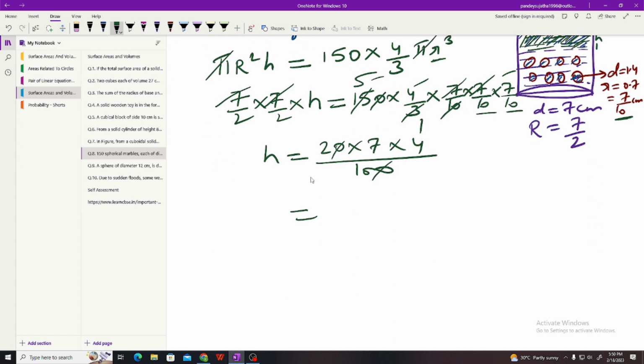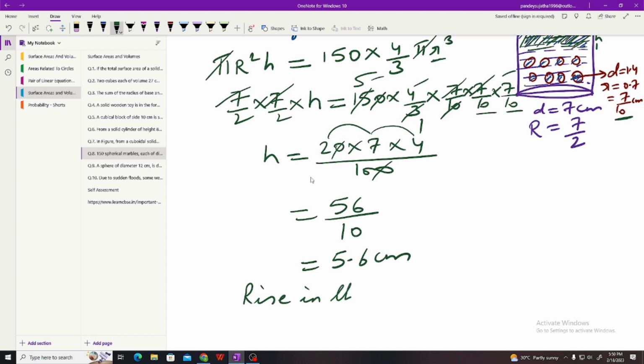So here we are left with 14 into 4, which is 56, divided by 10, that is equal to 5.6 centimeter. So the rise in the water level is equal to 5.6 centimeter. Next question.